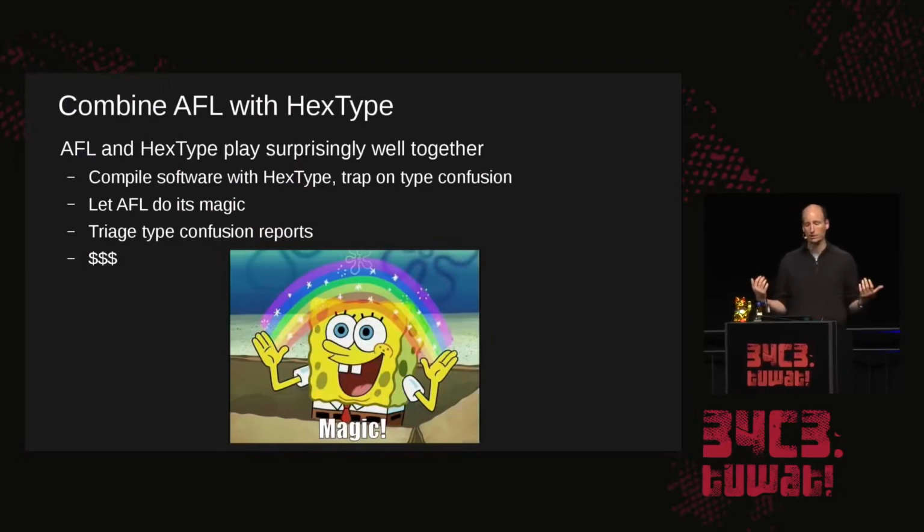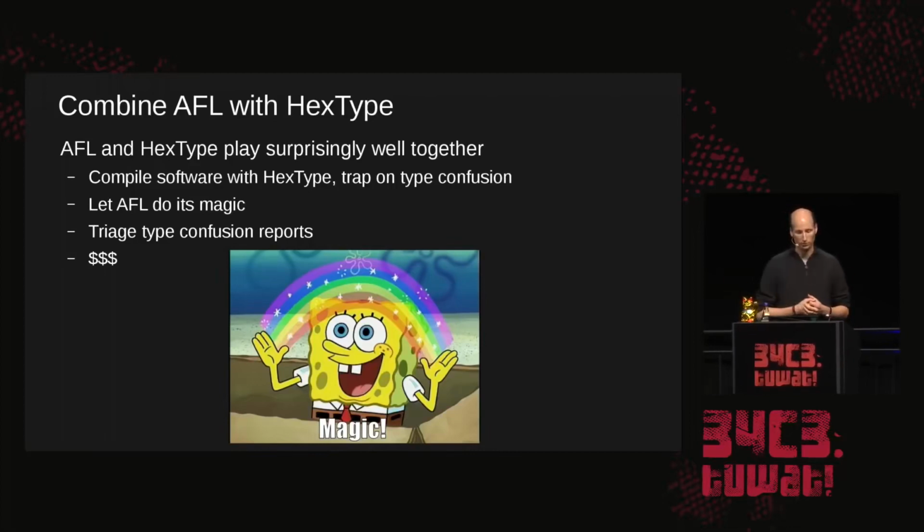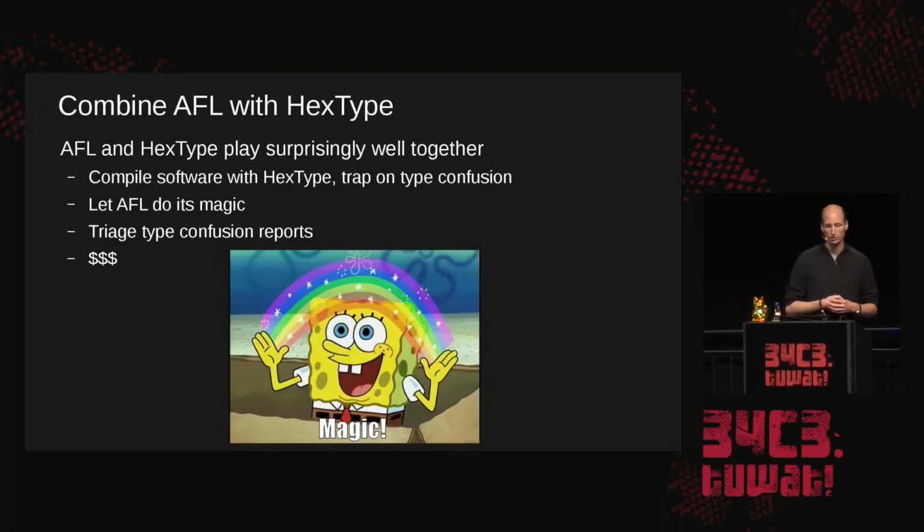So you can compile any arbitrary C++ software with our HexType LLVM-based instrumentation, and you then run the software and fuzz it to find different forms of type confusion. You simply let AFL do its magic, and you have to invest some time into triaging all the type confusion reports, and you'll figure out different forms of vulnerabilities.